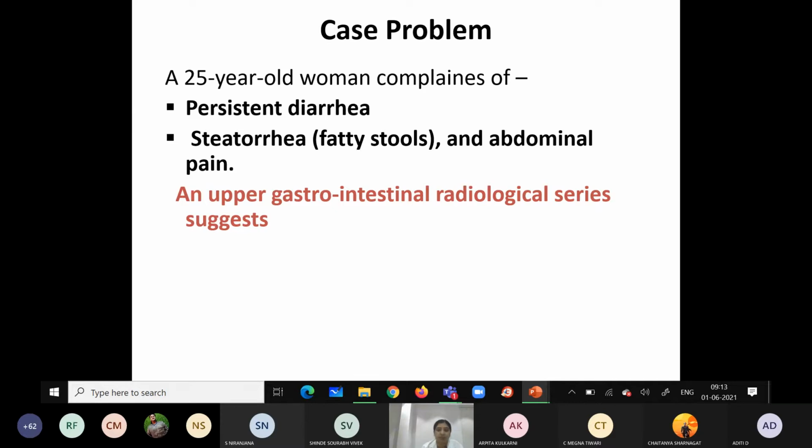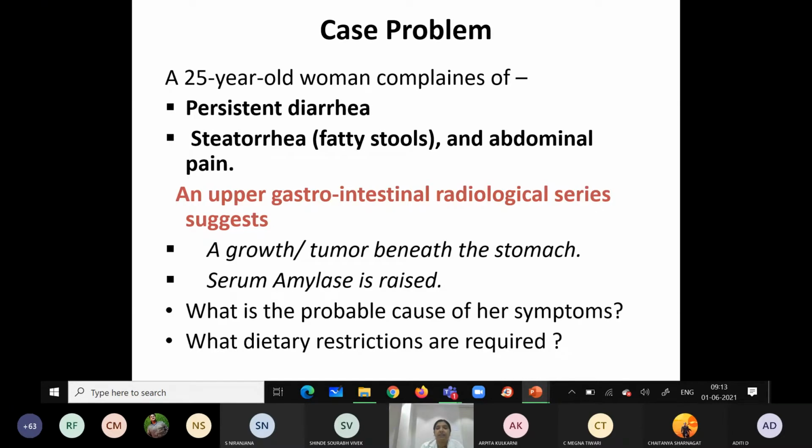Once you ask her to go for radiological investigation, they found a growth or tumor beneath the stomach on ultrasound or CT scan. Then in the blood investigation, they found an increase in serum amylase level, right?